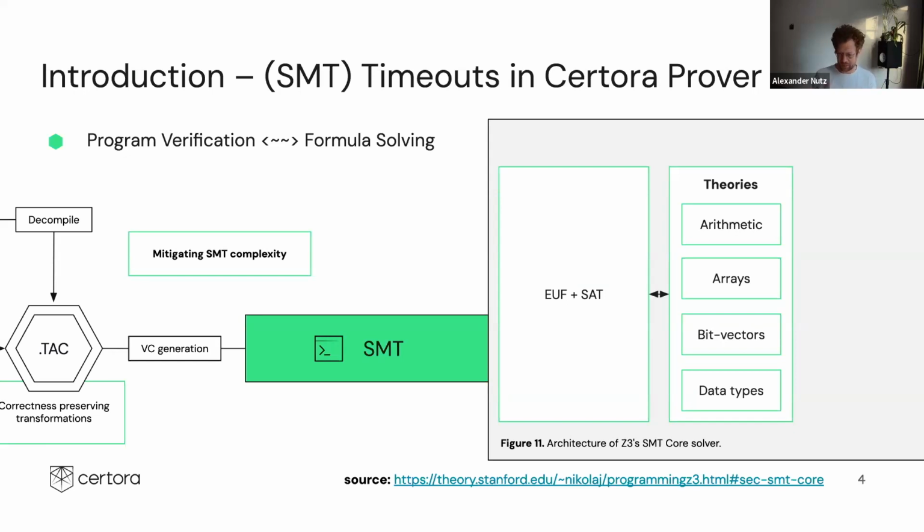Propositional is when you just have truth variables like A and B or C. The SAT solver part is one part of the SMT solver, but then the SMT solver also has to understand things like arithmetic. So when it's not just A is true or false, but X equals 15 is true or false. So it also has arithmetic solvers, and solvers for arrays and bit vectors and data types, etc.